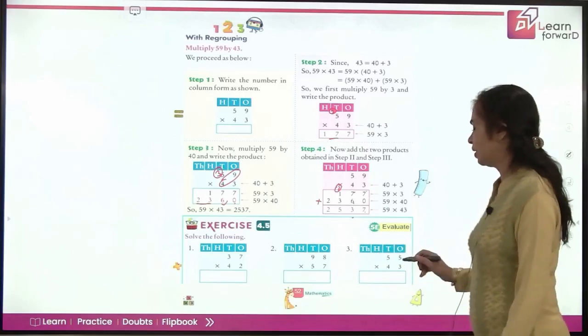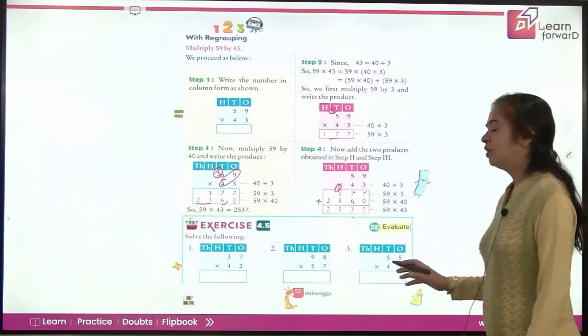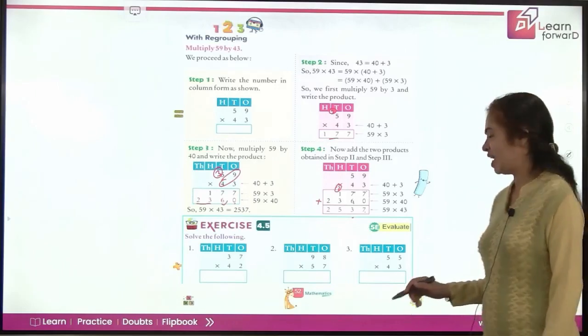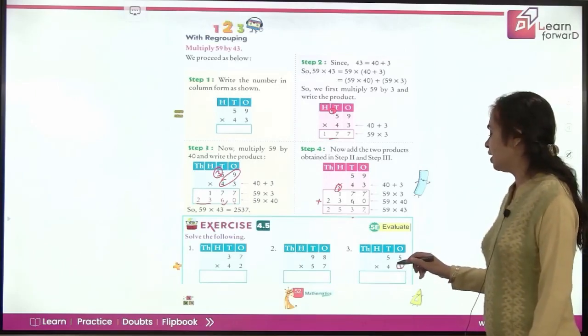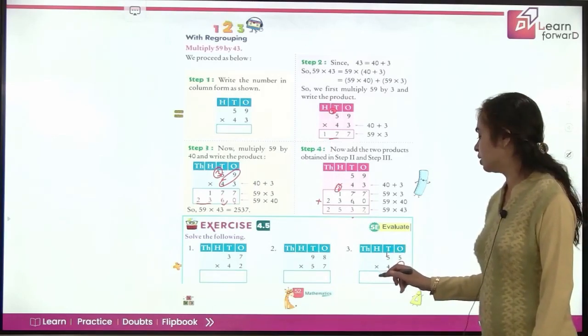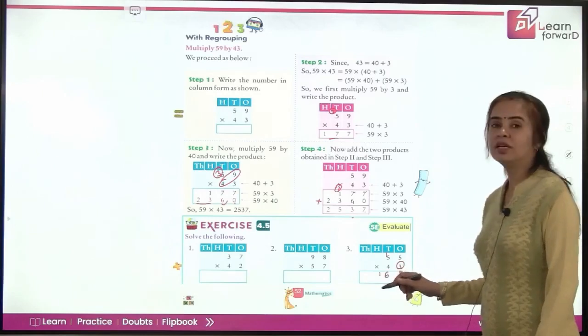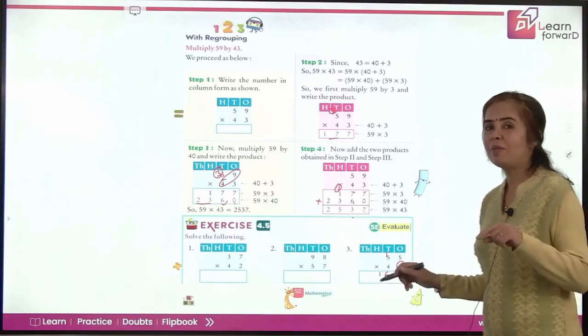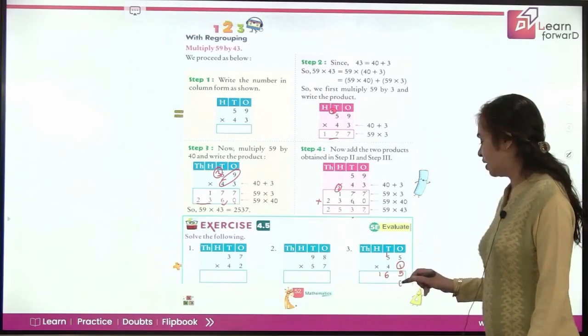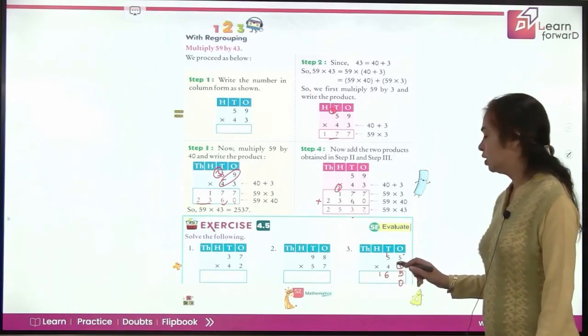Let's do a part here. 55 times 43. So by which number will you multiply first? Yes, by 3. 3 fives are 15. 5 carry 1. 3 fives are 15 again, plus 1 is 16. Now the next will be multiply by 4, but you have to put a 0 before starting. Yes, 4 fives are 20.